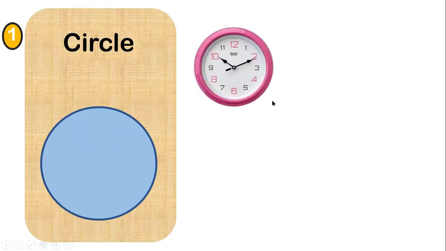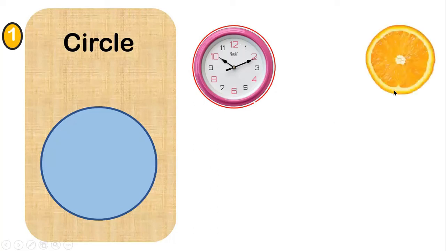Shapes. Okay, look at this clock. When you look at it, you will see that it is in form of a circle. Okay, look at this cross section of an orange. You can see that we can see a circle.